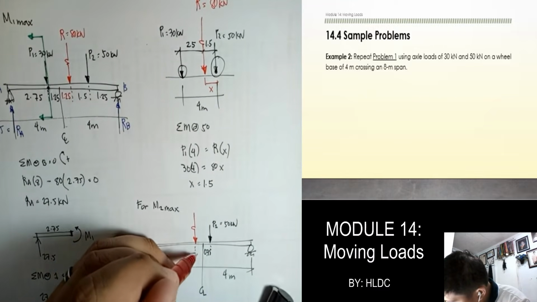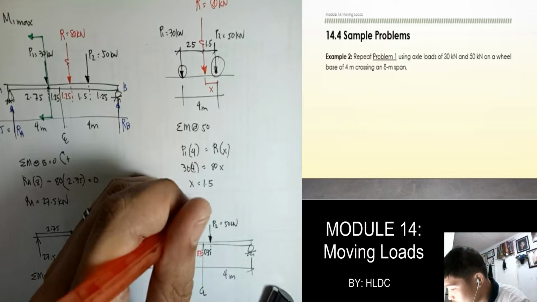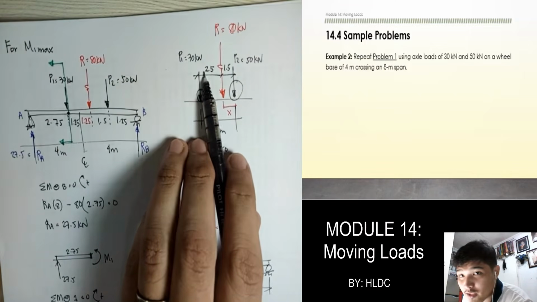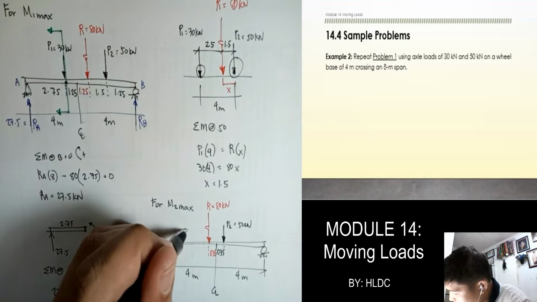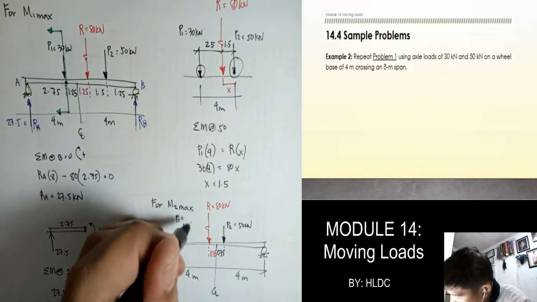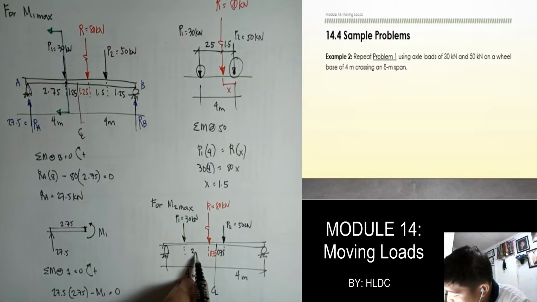Which yung distance is 0.75 din. And then, 2.5 to the left is P1. So, lagay ko dito. P1 is 30 kilonewton. So, this one is 2.5.